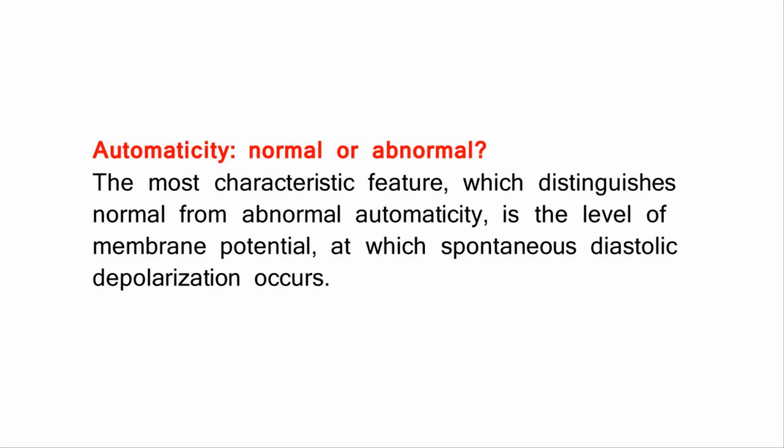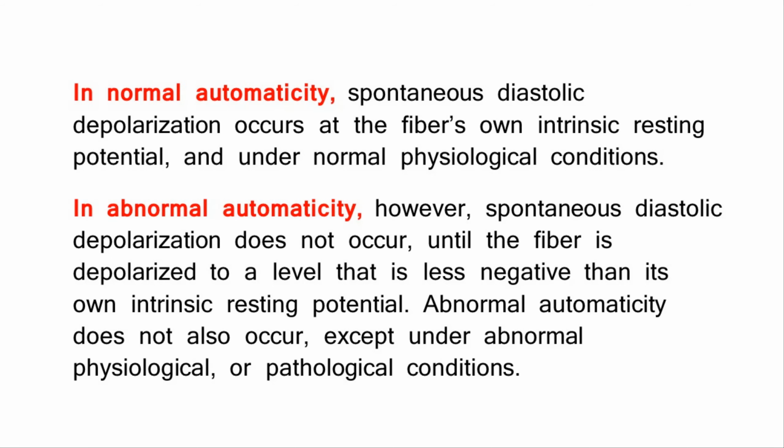Automaticity, normal or abnormal. The most characteristic feature, which distinguishes normal from abnormal automaticity, is the level of membrane potential, at which spontaneous diastolic depolarization occurs. In normal automaticity, spontaneous diastolic depolarization occurs at the fiber's own intrinsic resting potential, and under normal physiological conditions.